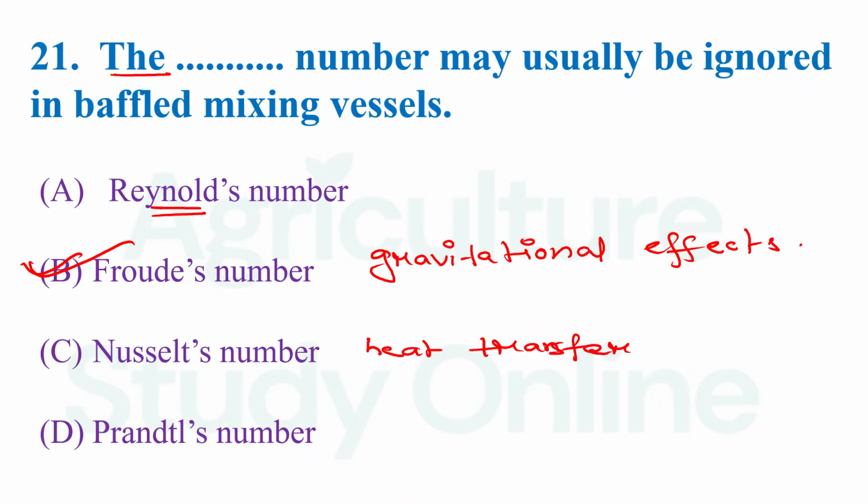Prandtl's number, we know, is related with fluid properties, that means momentum versus heat transfer. So baffles stop the vortex, and the Froude number becomes unimportant. So the correct option will be option B.